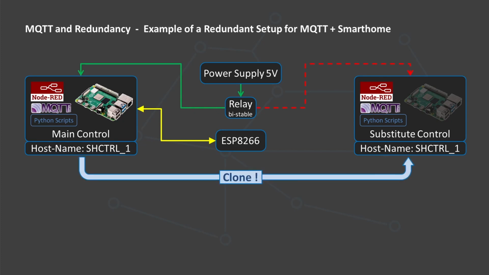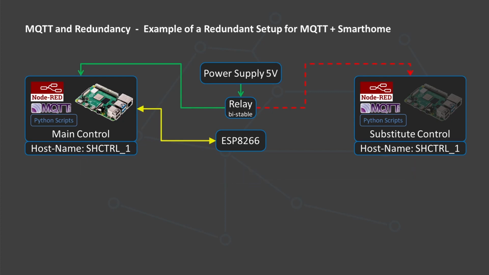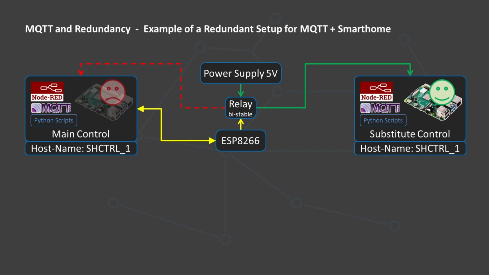I use a second Raspberry Pi, which is a 100% clone, which herewith carries the identical host name as the first one. An ESP8266 monitors the condition of the main control unit by a hardware and software heartbeat. If something stops responding, then it triggers the bistable relay for the power supply. The main control unit will be cut off while the substituting control unit is being powered up.